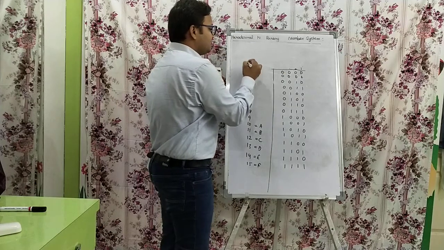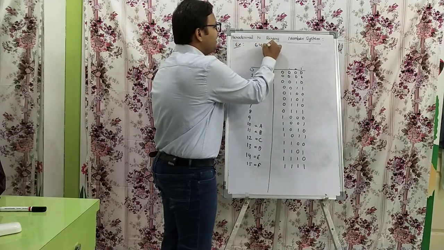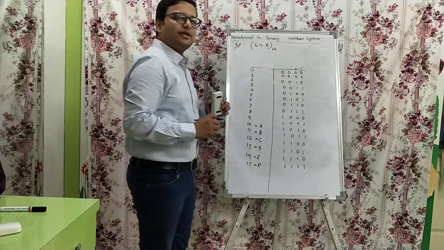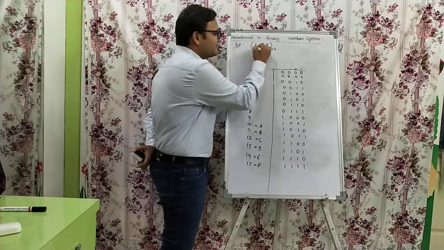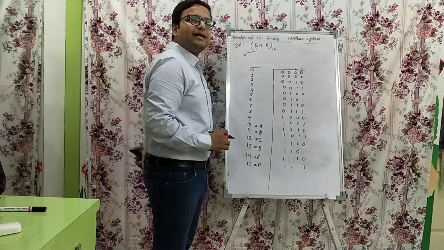The example is, let's say 64.B is a hexadecimal number. What you need to do is convert each hexadecimal digit into 4 equivalent binary digits.